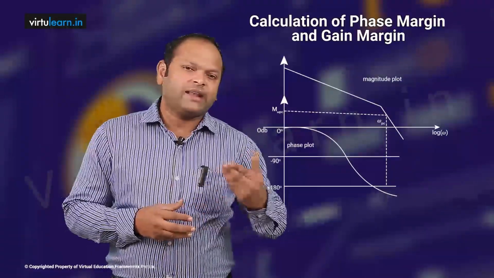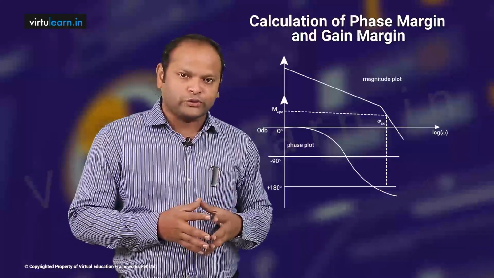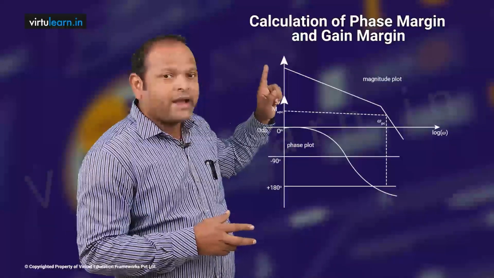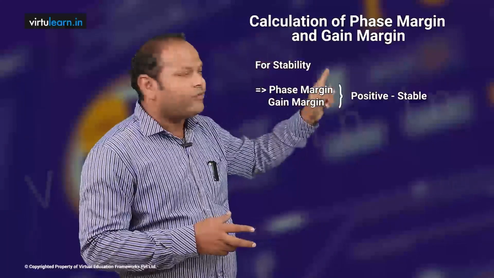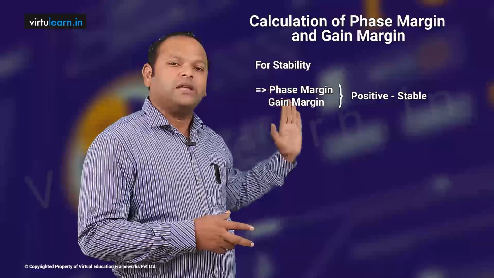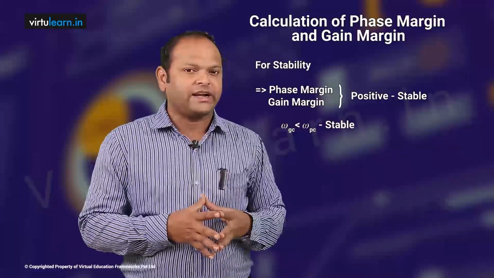So what is the stability condition? For stability, my gain margin should be positive and phase margin should be positive. And omega GC, the frequency at which the magnitude plot crosses the 0 dB line, must be less than omega PC, where the phase plot crosses the minus 180 degrees line.